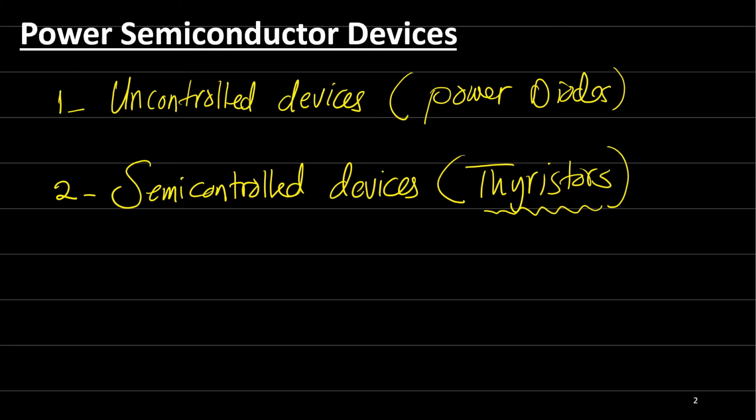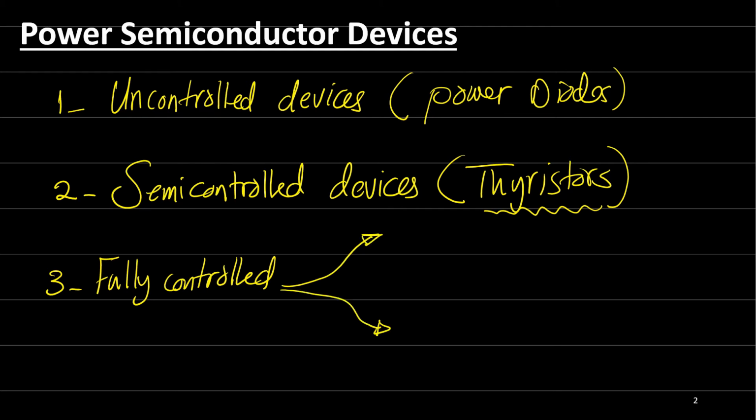The third part is the fully controlled devices, and these are divided into two categories. Number one, the transistors, such as BJTs, IGBTs, MOSFETs, and so on.